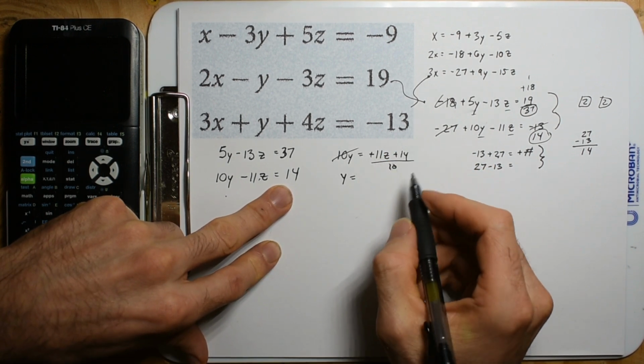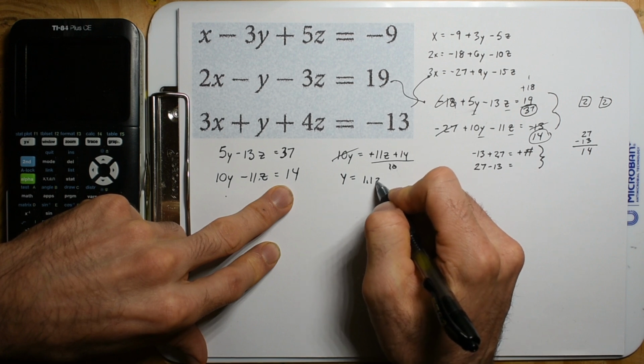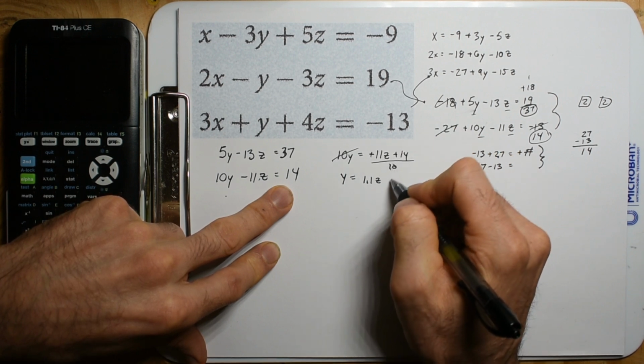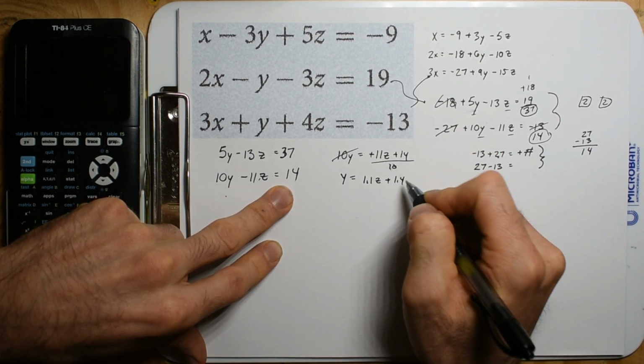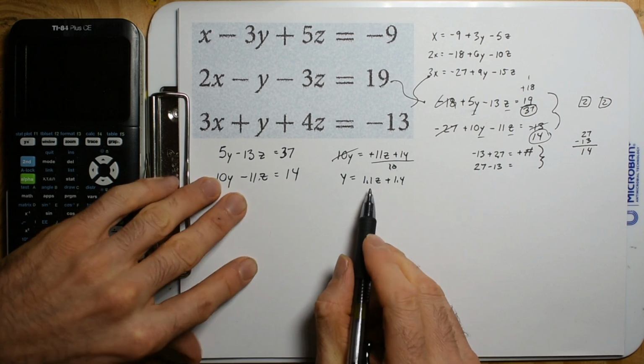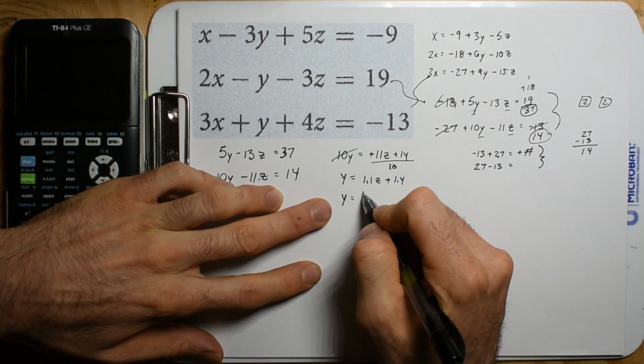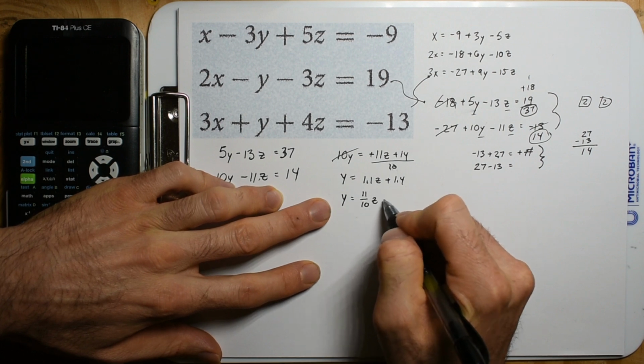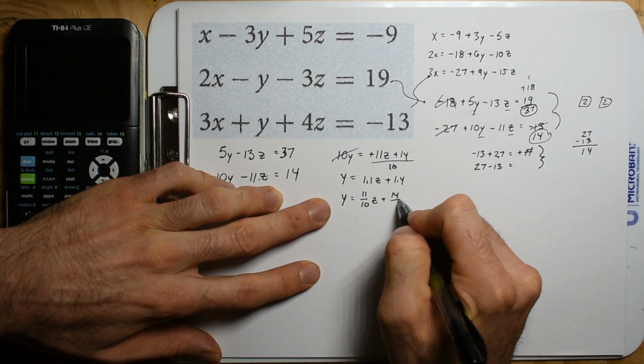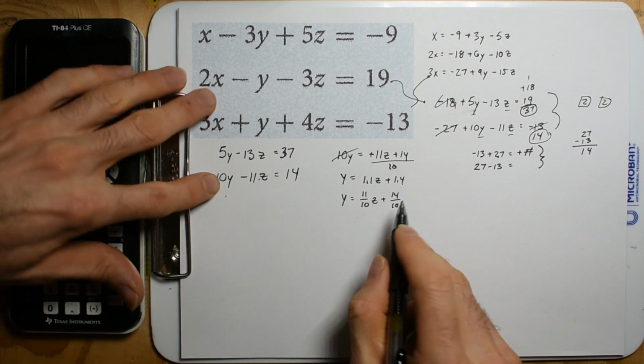So 11 divided by 10 is 1.1z, and 14 divided by 10 is 1.4. Or we could just leave it as 11 tenths z plus 14 tenths. Let's leave it like that.